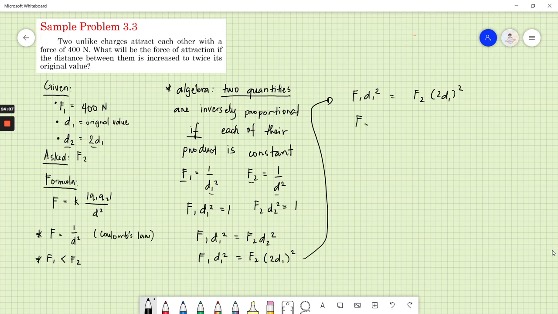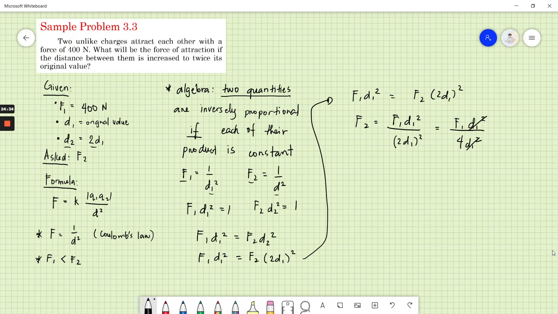So F2 is basically equal to F1 d1 squared divided by (2 d1) squared. That's 2 raised to 2, which is 4, and d1 raised to 2, which is d1 squared.